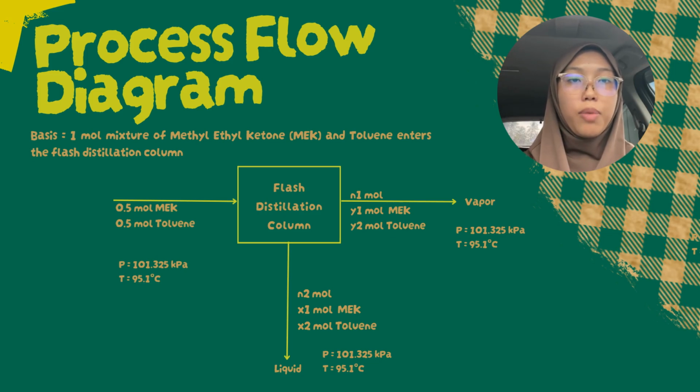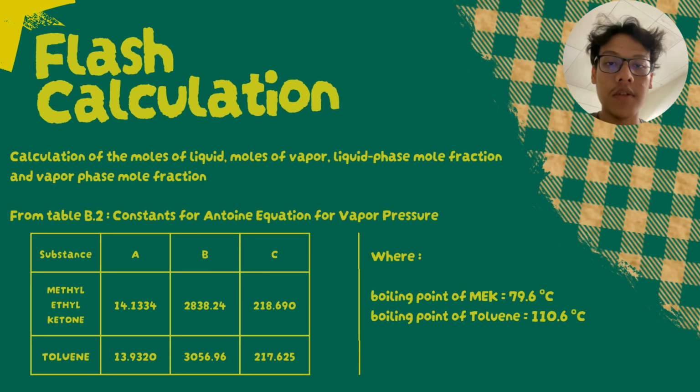A basis of 1 mol feed is used, containing 0.5 mol methyl ethyl ketone and 0.5 mol toluene. The feed enters the flash distillation column at 101.325 kPa and 95.1 degrees Celsius, where it is separated into vapor and liquid streams. For the flash calculation, we start by listing all of the constants for the equation to find the vapor pressure for each substance from Table B2 in the Introduction to Chemical Engineering Thermodynamics, 9th edition.